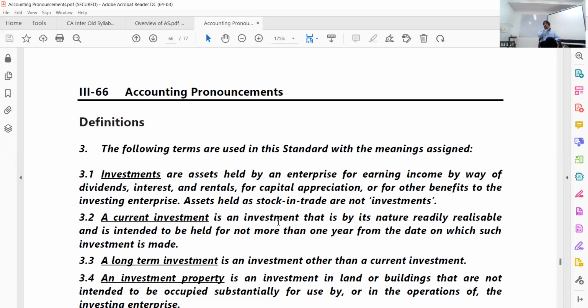You take any accounting standard, there are 5 elements of financial statements. What are the 5 elements? Asset, liability, equity, income, and expense. These are the 5 elements. If you can really understand what these 5 items are, you can never go wrong in accounting.